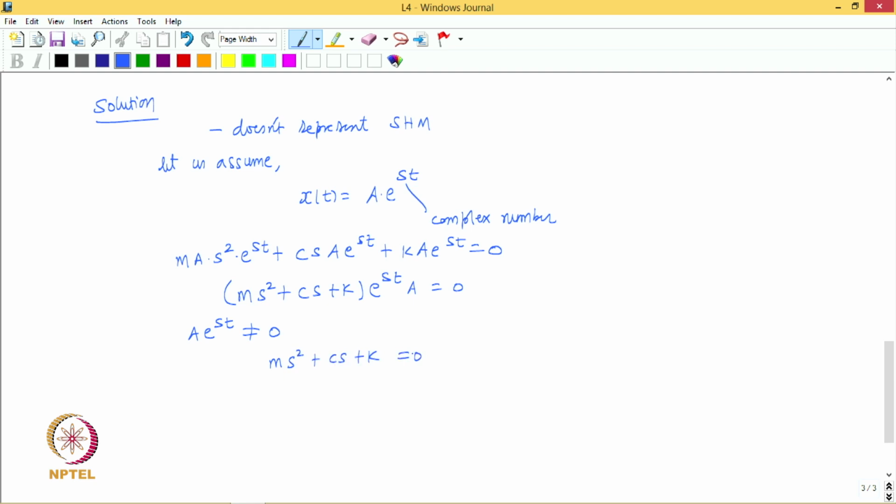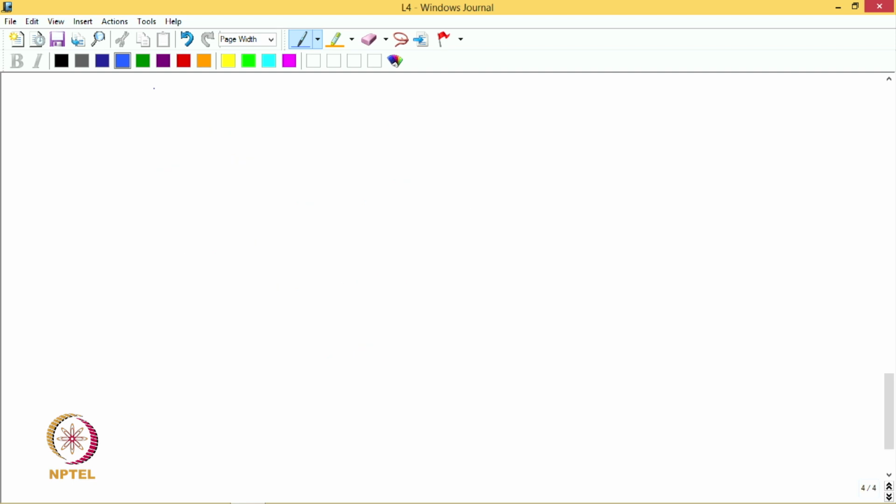Then the solution A e to the power s t would satisfy the differential equation. Let us write that again. The equation we have is m s square plus c s plus k is equal to 0. So, s1,2 would be minus c plus or minus under root of c square minus 4 k m, upon 2m, right. So, this is I think the correct formula, right.